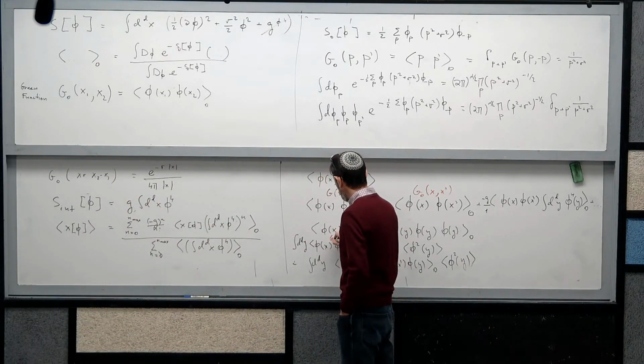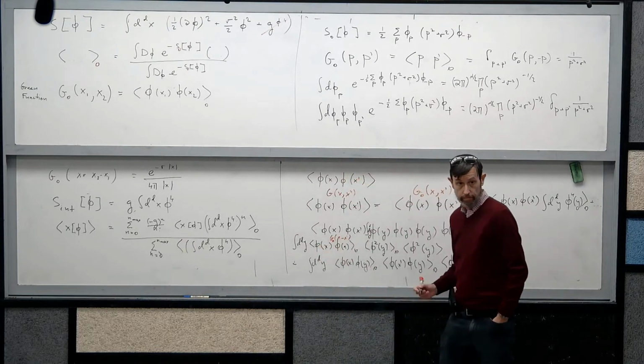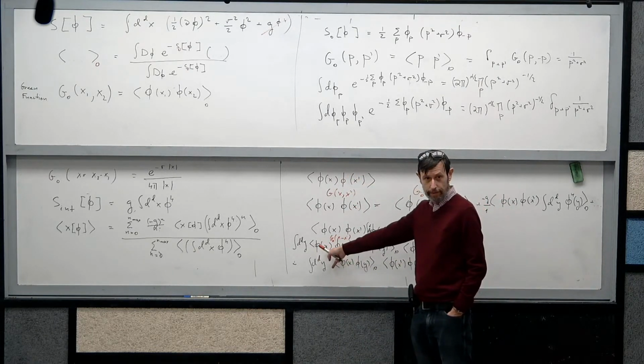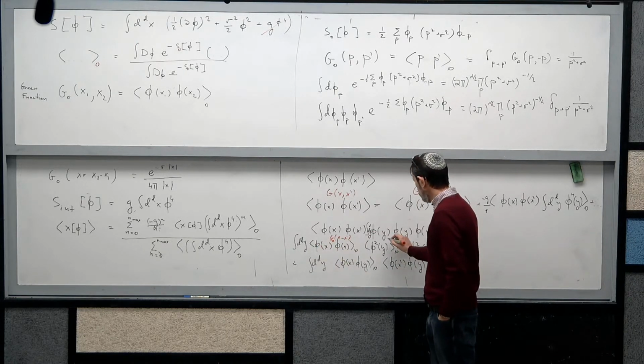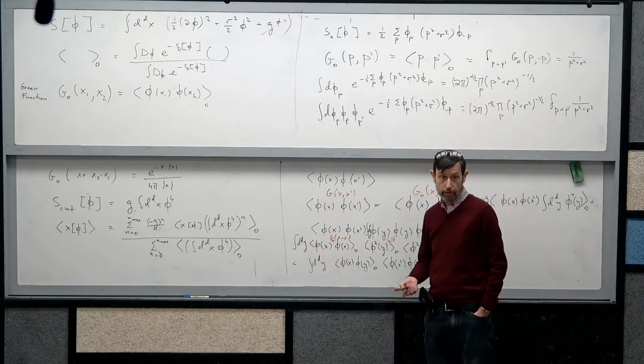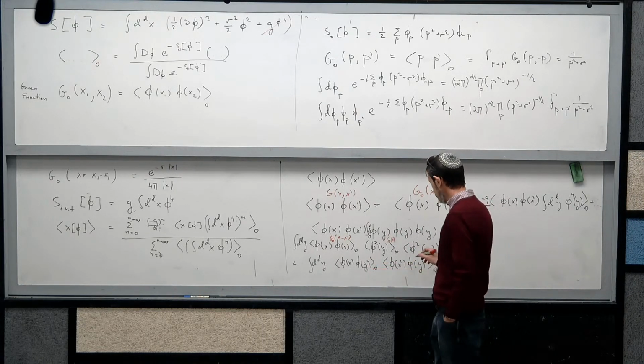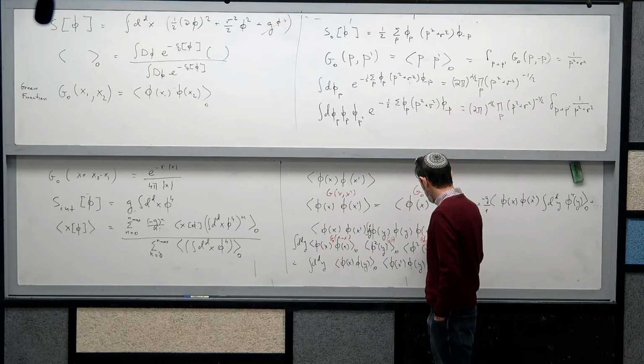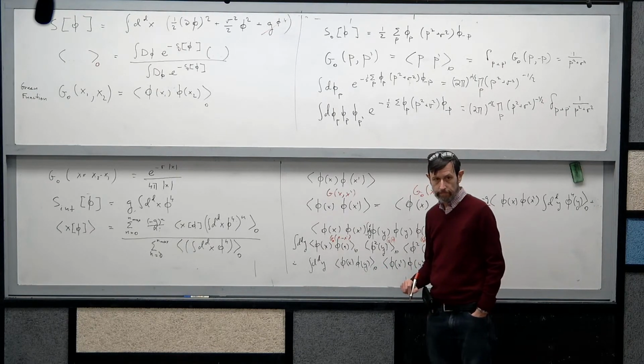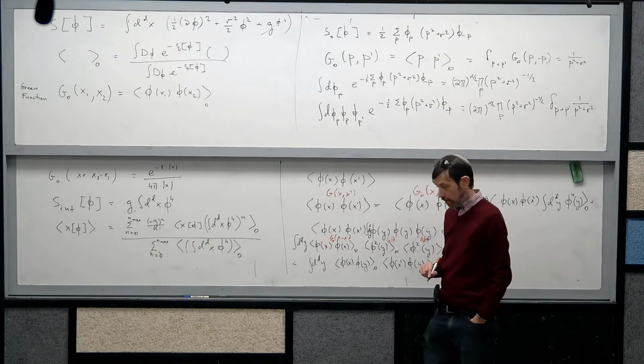This guy is basically G0 of x minus x prime. Starts at y and ends at y.